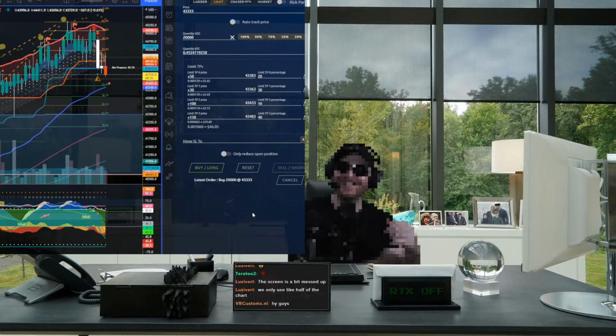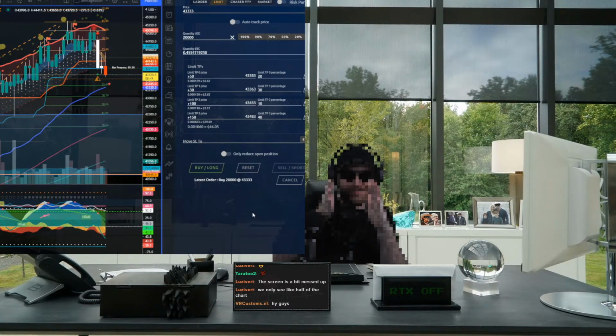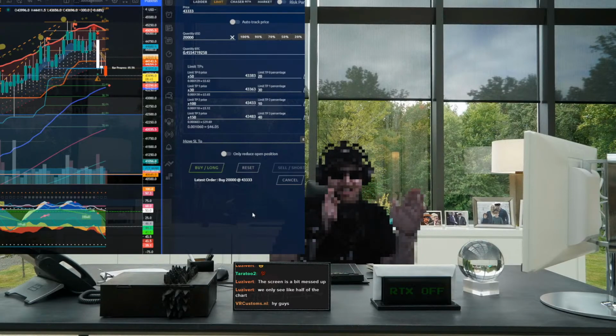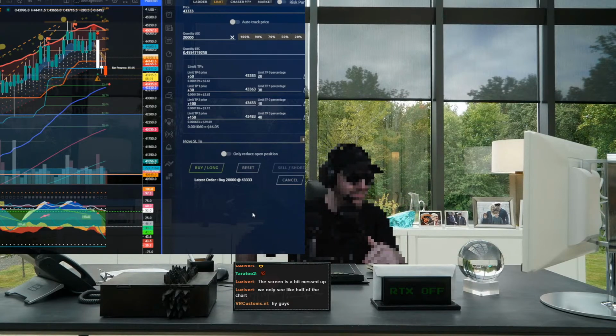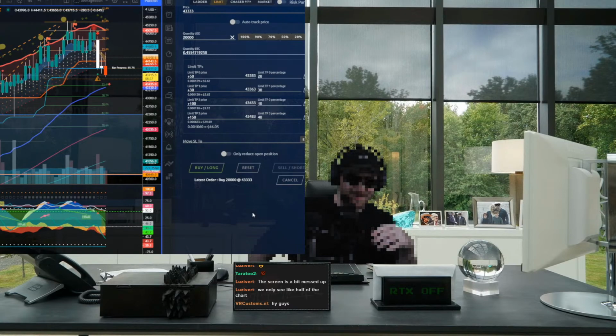Yeah, I can see that you see half of the chart. It just shows you the portion of the first split screen of the chart, and then the actual command center right here, the plus 50s, plus 30s, and all those numbers. I think it's normal.